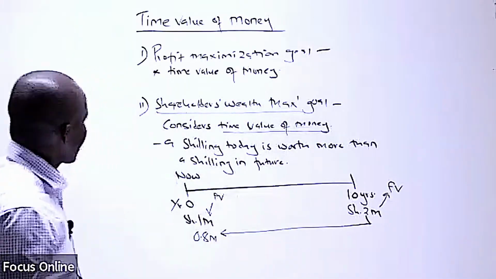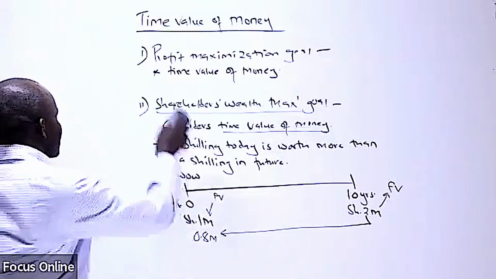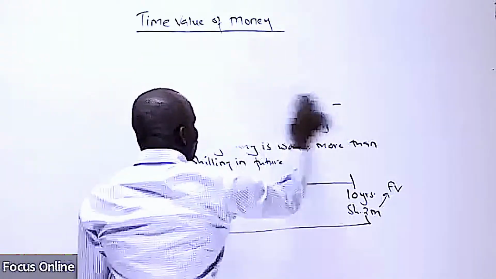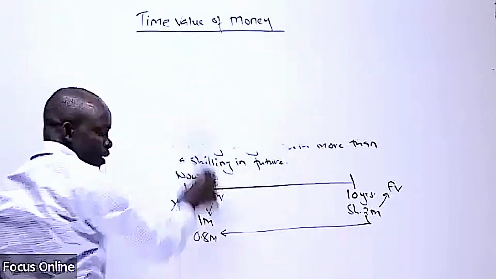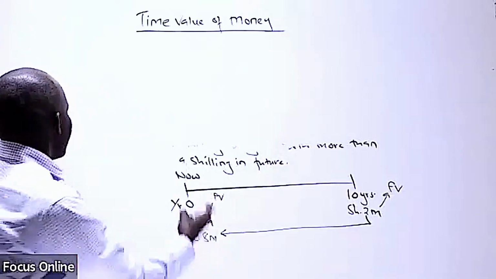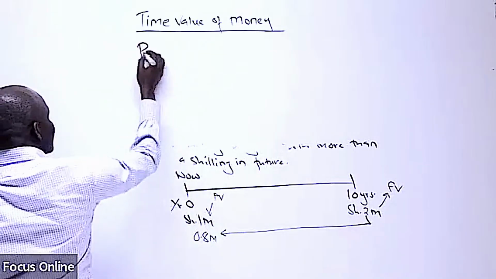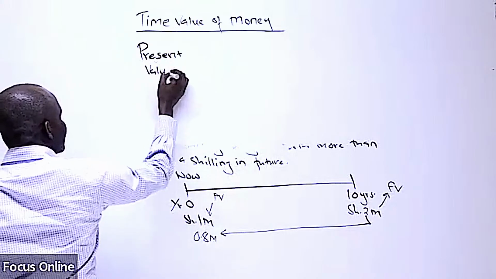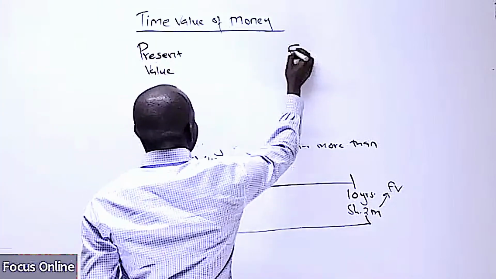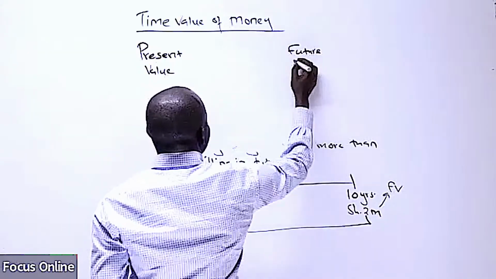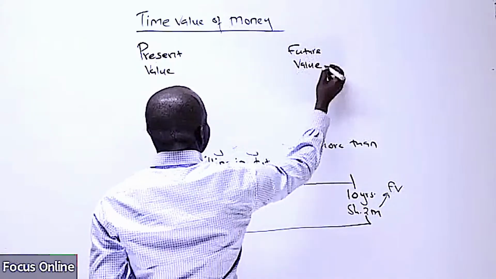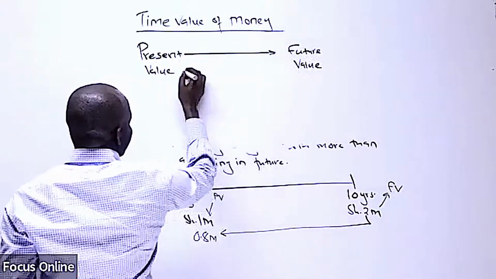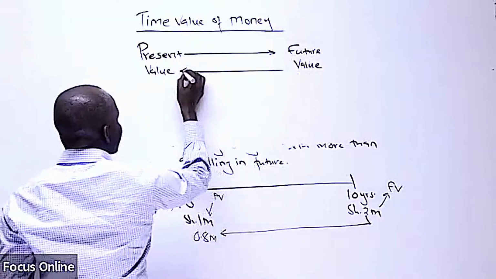Now, let's say something about the time value of money. So for time value of money, we have present value and future value. We have that direction, and we have this direction.